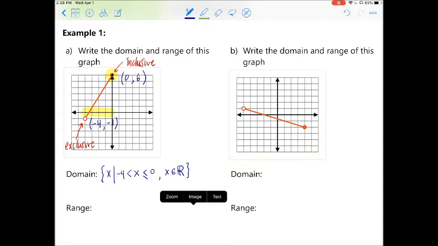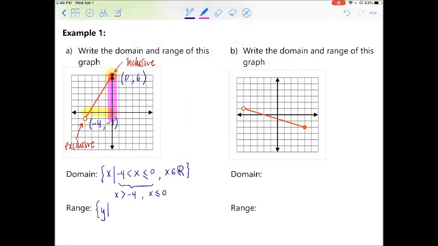Notice that this condition just means that x is greater than -4, but also x is less than or equal to 0. But we just combined it into one condition. Let's take a look at range now. Open the bracket. Y such that the lower limit for y in this case is -1.